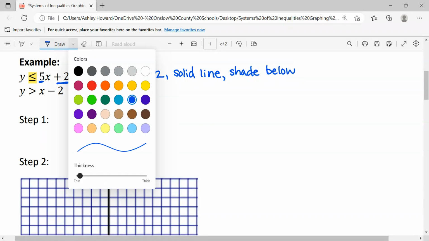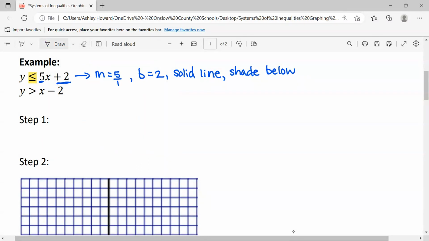And then we're going to make the same decisions and pull out the same information from the other equation as well. So once again, we're going to go ahead and find our slope and our y-intercept. If there is no number in front of the x, remember that we have a 1, because 1 times anything is just itself. So our slope here is 1, which means we're going to go up 1 over 1.